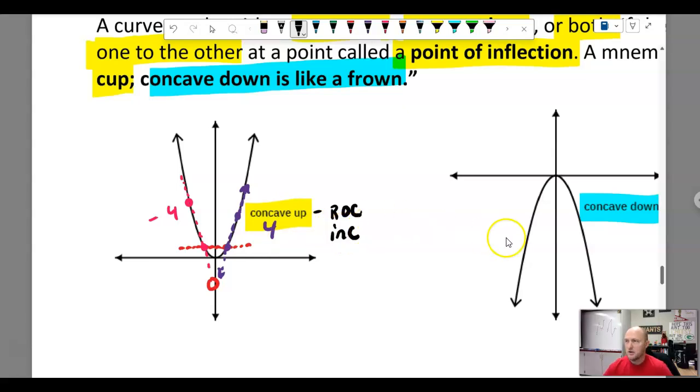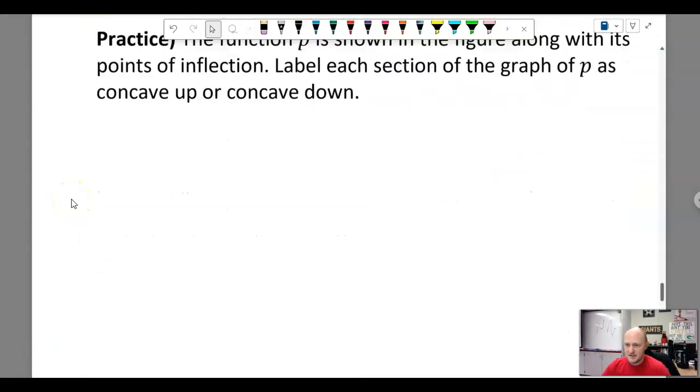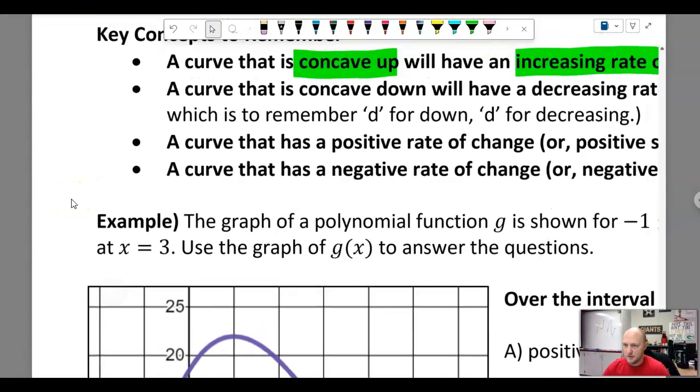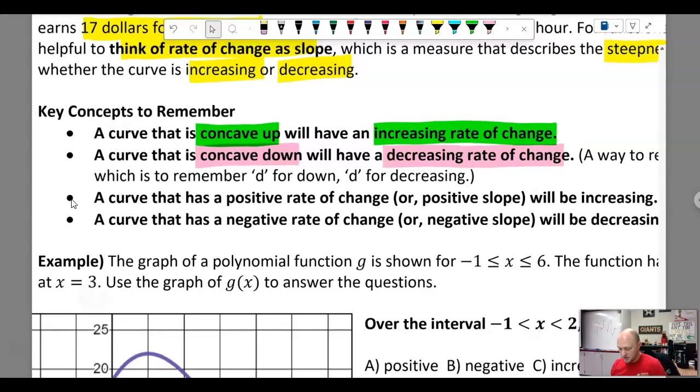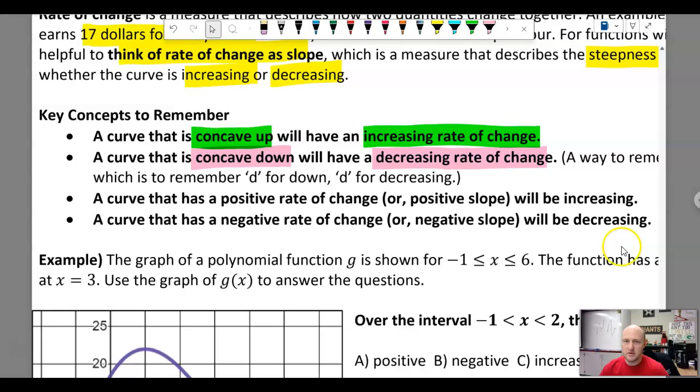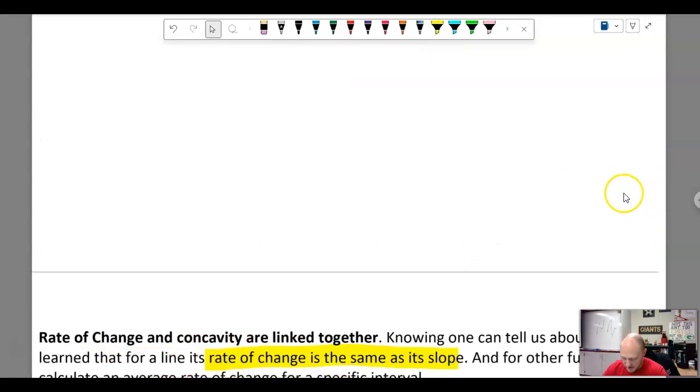Now, let's look at concave down. If a curve is concave down, then the rate of change will be decreasing. A good way to remember this is that D for decreasing means D for down.